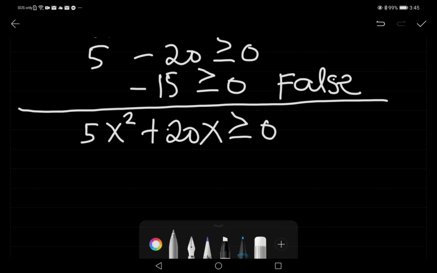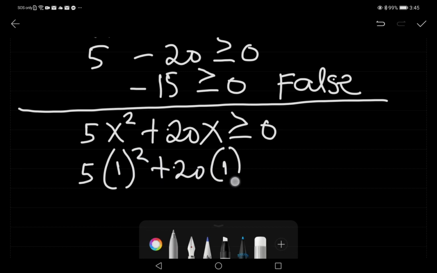Usa, isulat ang given nga inequality. So we will use 1. 5 times 1 squared plus 20 times 1 is greater than or equal to 0.